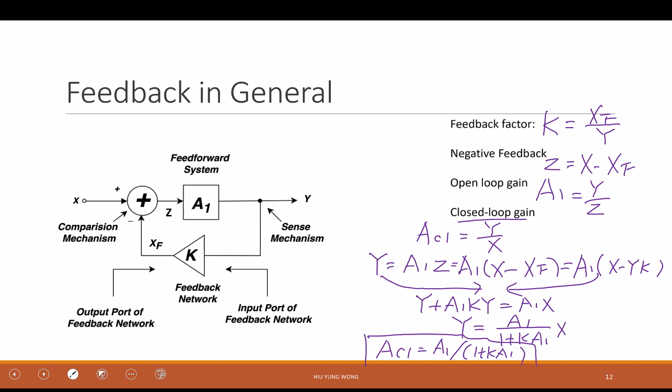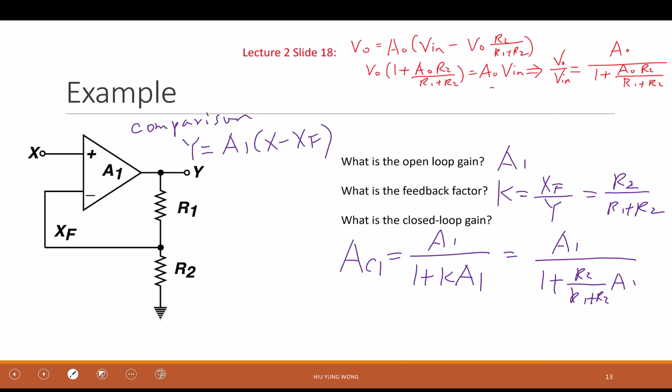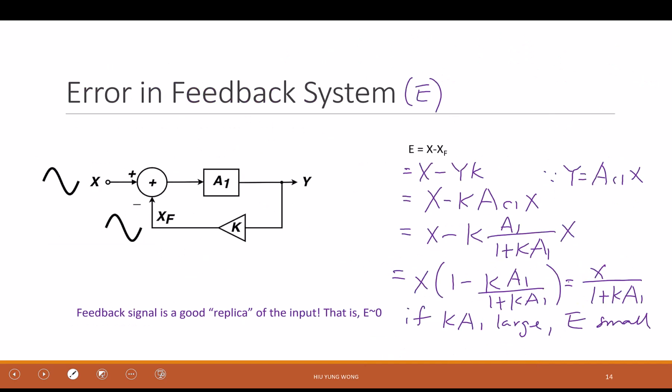Later we'll see that under some frequency, K becomes negative, and then you will go to oscillation because of positive feedback. So here we all assume positive.